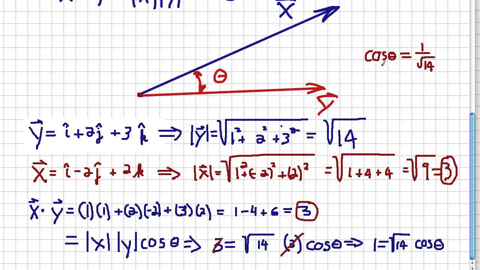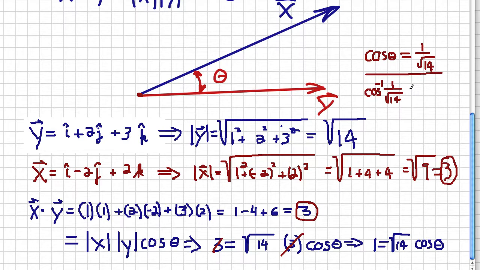Now, you can use the inverse cosine function on your calculator, or sometimes called the arc cosine, and you can find out what theta should equal. So inverse cosine of 1 over the square root of 14. You work that out. Let me pull out my calculator and figure it out right here while I'm doing this video.